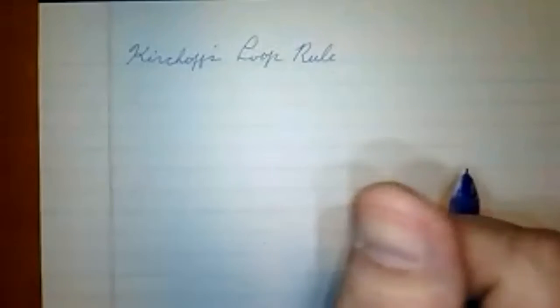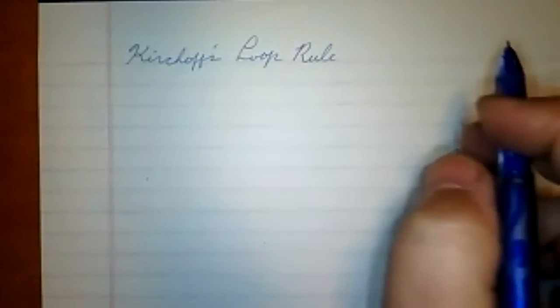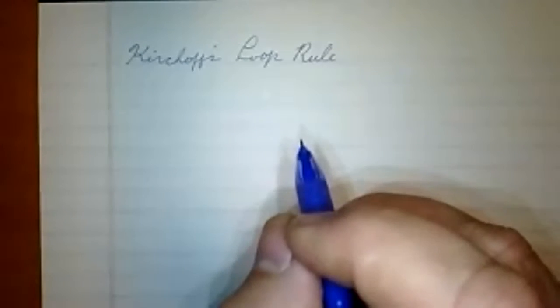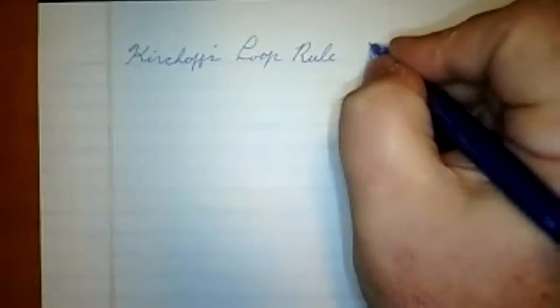This is the same guy. That's the whole reason I told you that. It's the same guy, and that's sort of the nature of these physicists of the time, is they're pretty much doing everything. So Kirchhoff's loop rule is basically a conservation of energy.